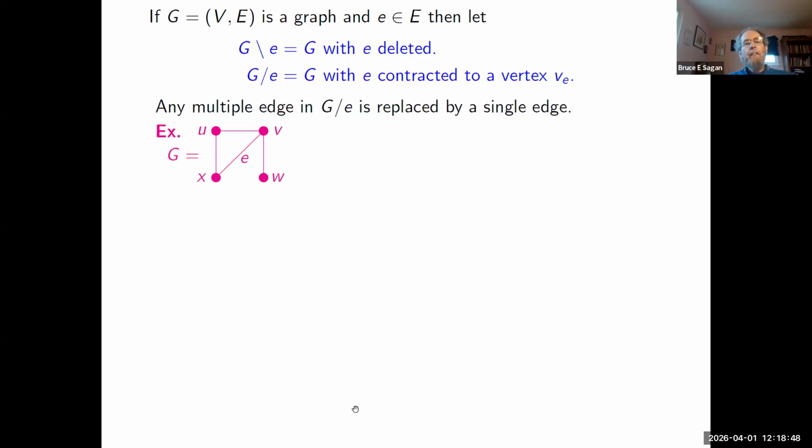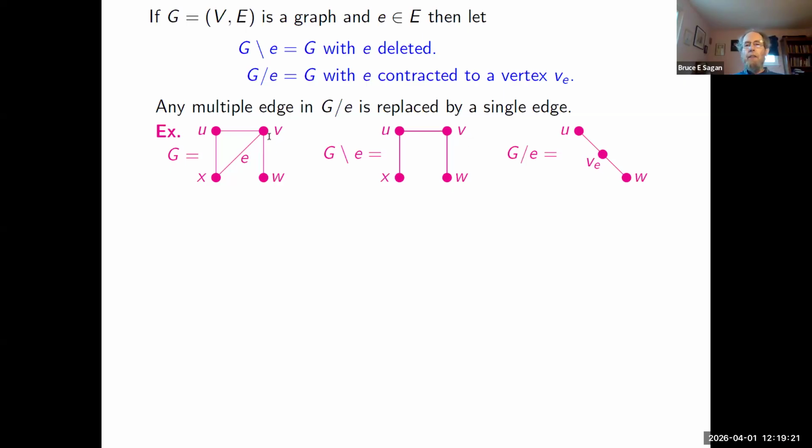Quick example to make it clear. Suppose G is that graph and E is that edge. Then if I remove it, I get this path. And if I contract it, what happens? Now I've brought V and X together into this new vertex V sub E in the center. As I do that contraction, U will be adjacent to the new vertex because it was adjacent to both the endpoints, and notice the doubled edge that you would get at U if you were doing this topologically, you just replace by a single edge.